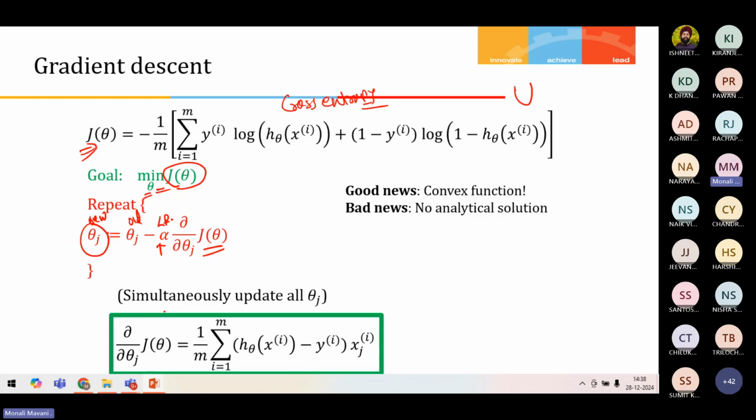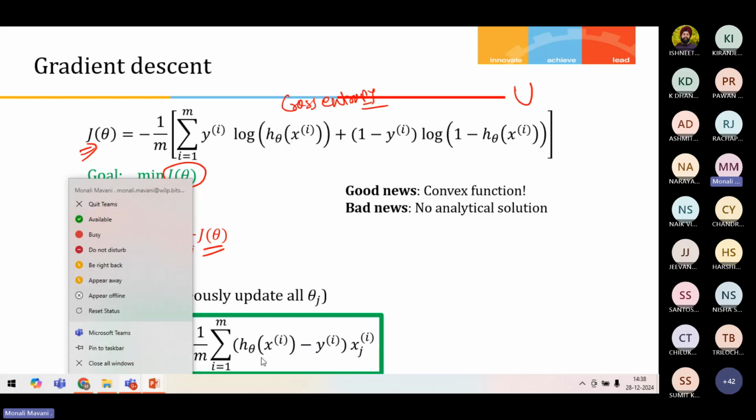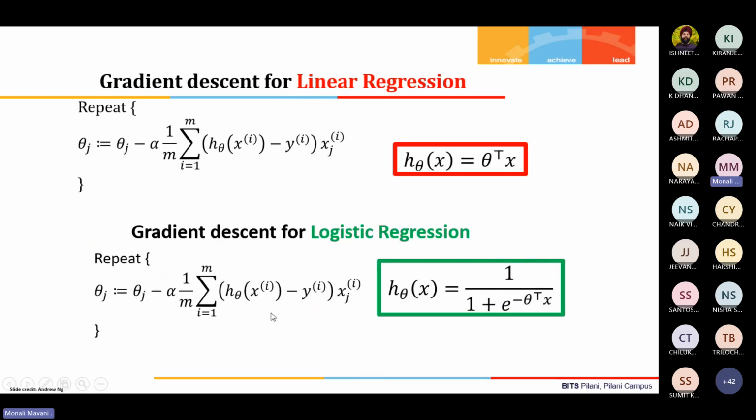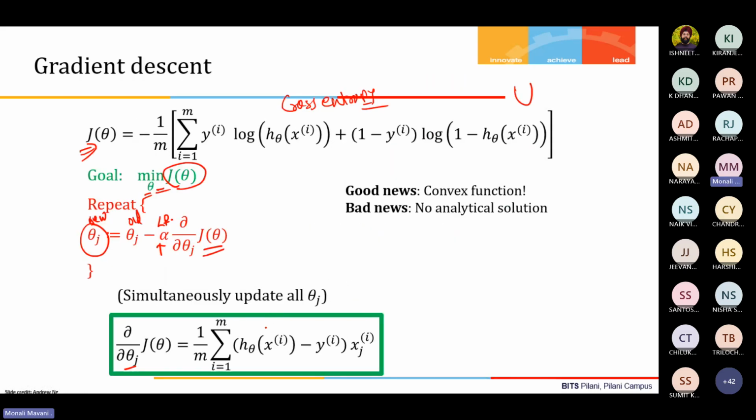How are we getting this finally? The derivative of this cost function with respect to each parameter comes out to be the predicted value minus the actual value, multiplied by the corresponding feature value.